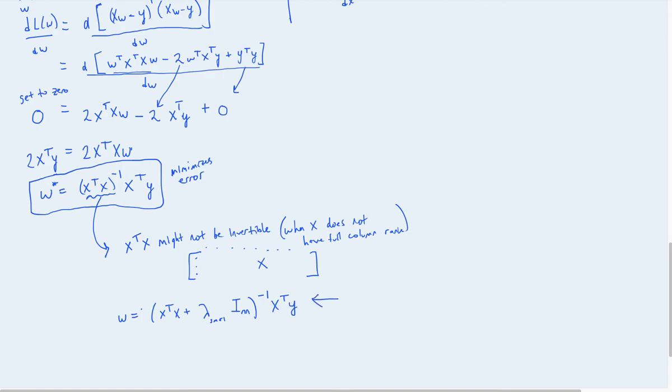And that's actually related to something we'll talk about a little bit later. It's related to this concept of regularization. And we'll get to that later in our videos.